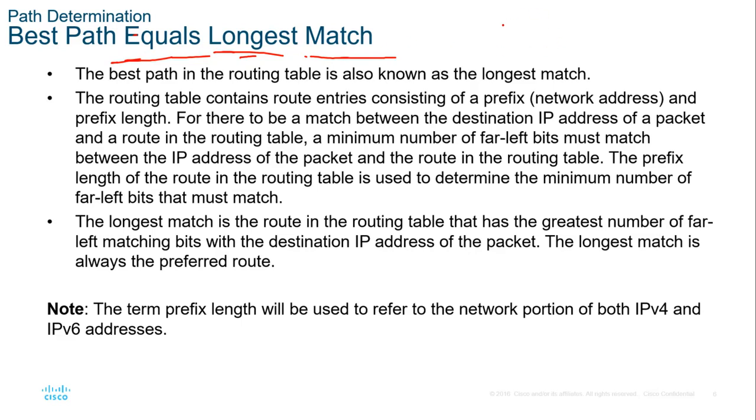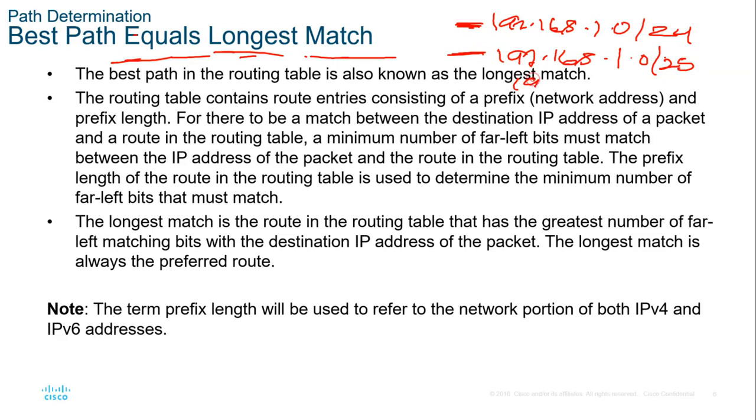Let's say our routing table has 192.168.1.0/24, then 192.168.1.0/25, and then 192.168.1.0/29.